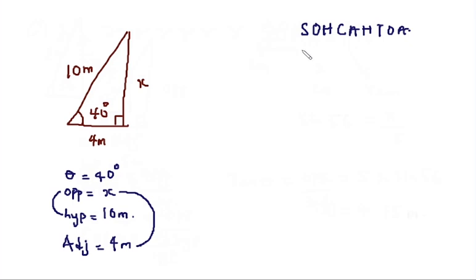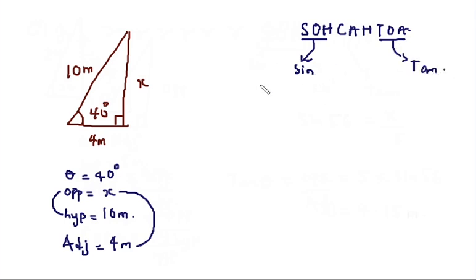The first step is to check which ones contain opposite so that we can use it to find our opposite. The ones that contain opposite are this one and this one. So to solve this problem, I can decide to use sine, or I can decide to use tan.